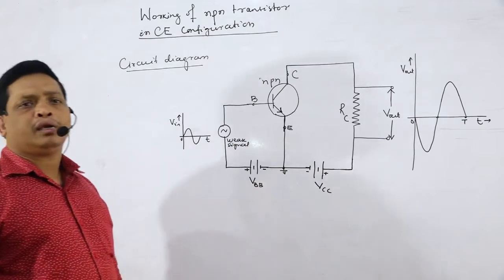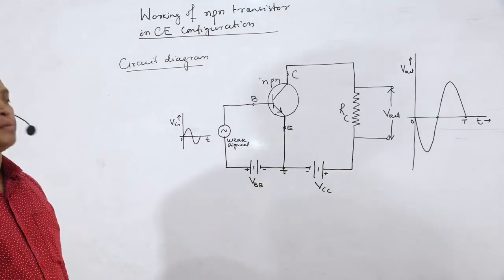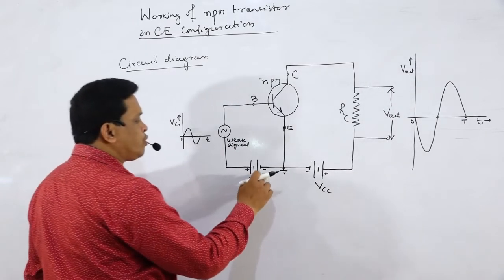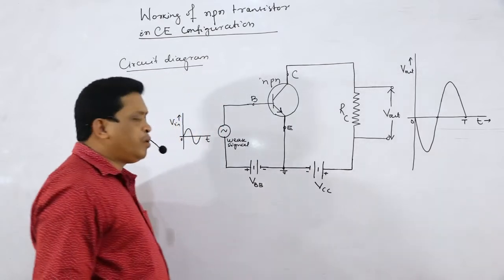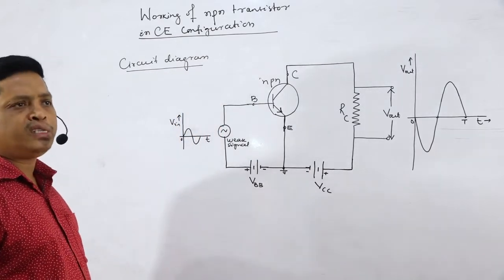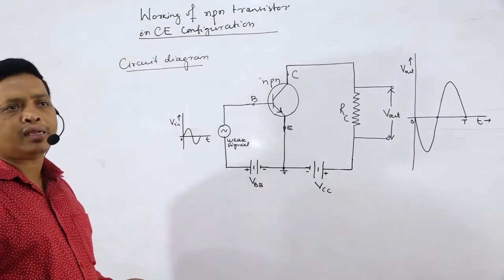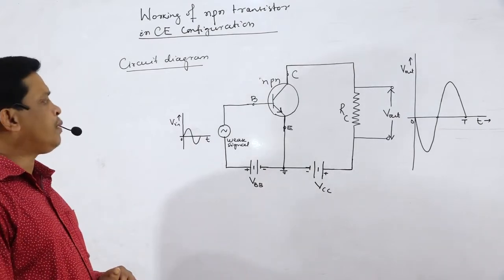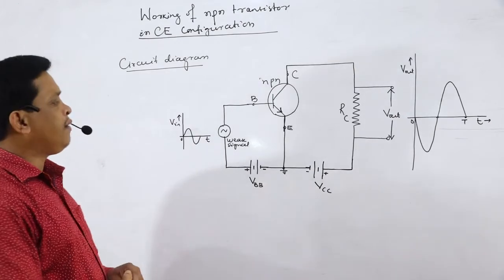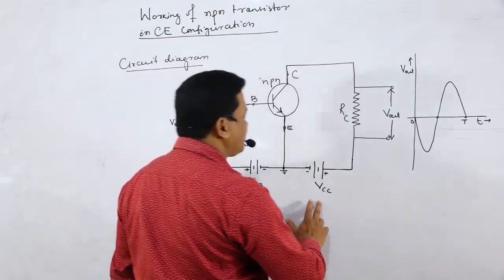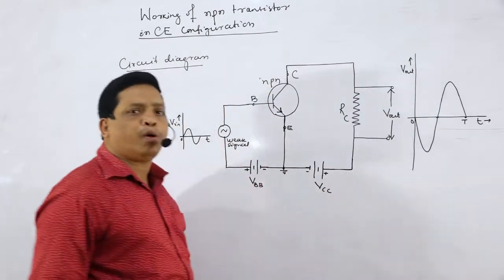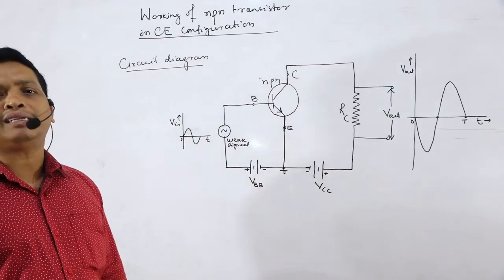Hence the name is the common emitter configuration. We have used two batteries. The input battery VBB, which keeps the input PN junction, that is base emitter PN junction, under forward biasing condition, and the output battery VCC, that keeps the output PN junction under reverse biasing condition.